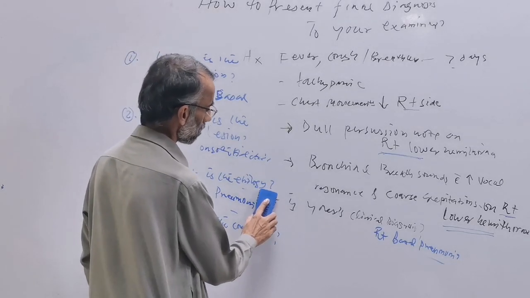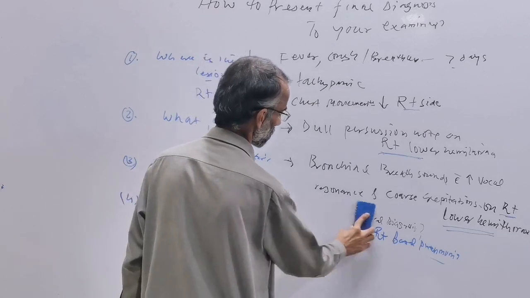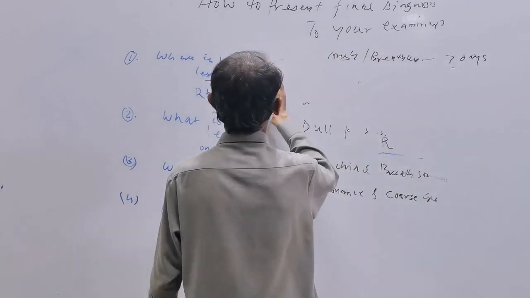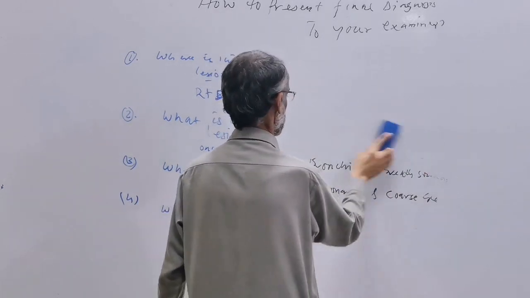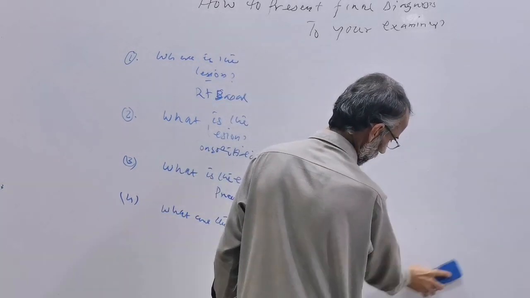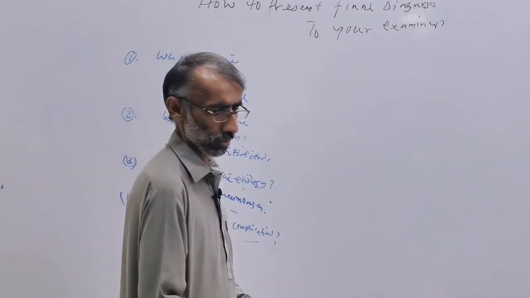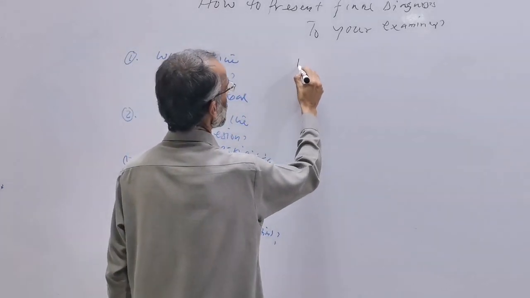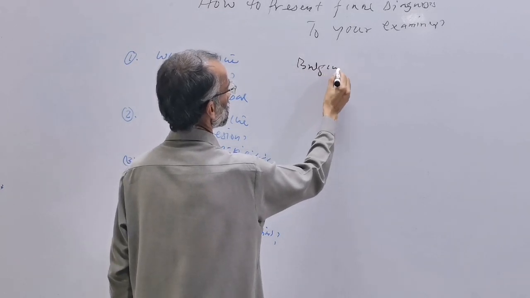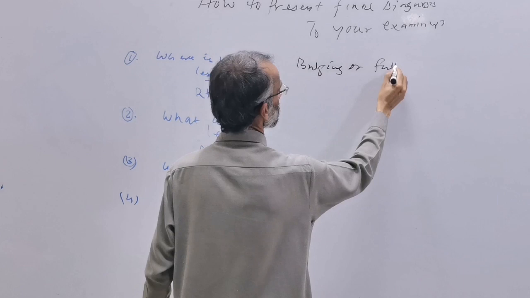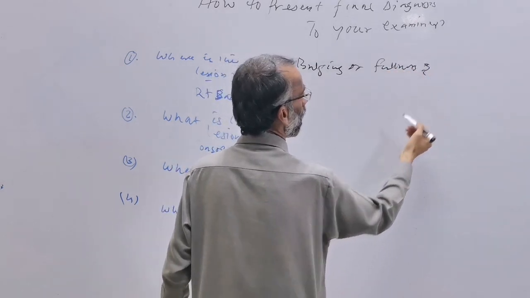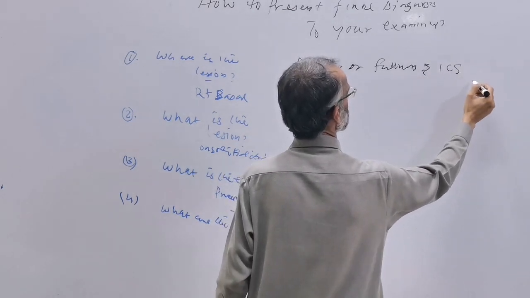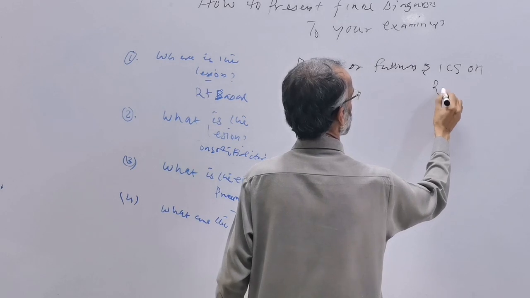Let us take another example. Let us do another exercise. You examine the anterior chest and you found there is bulging or fullness of intercostal spaces on right side.